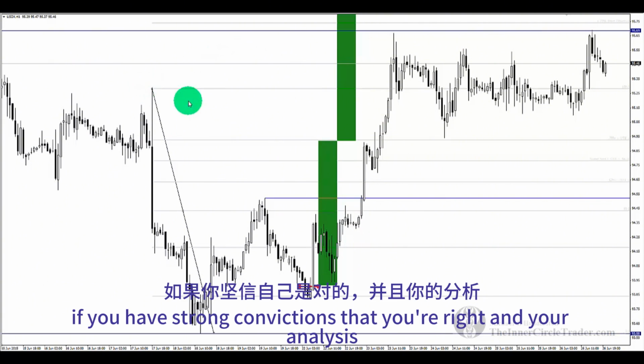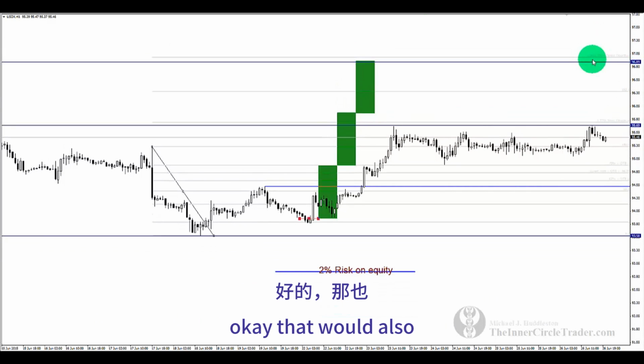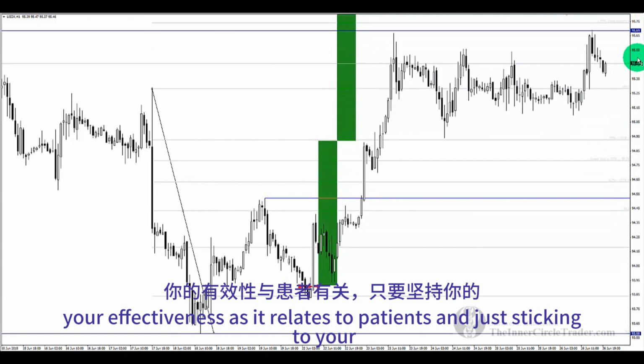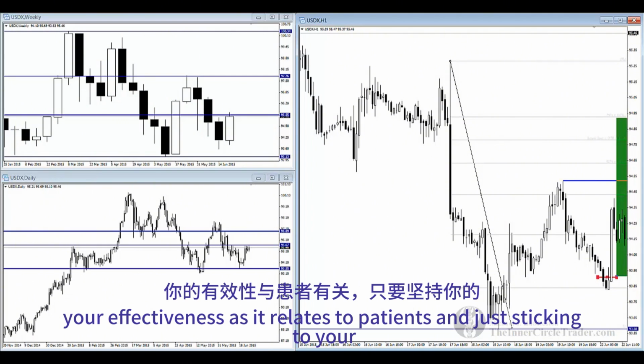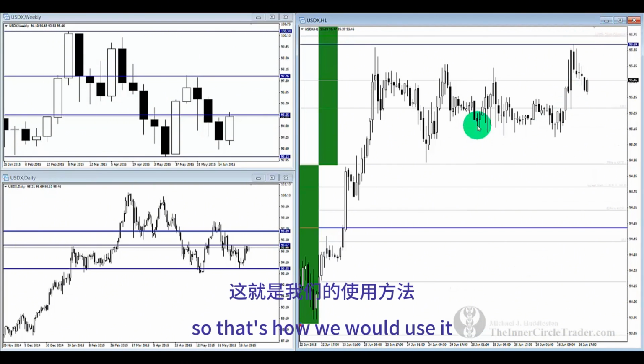If you have strong convictions that you're right in your analysis, you can hold on to these objectives like we're suggesting up here. That would also bolster your effectiveness as it relates to patience and just sticking to your plan. So that's how we would use it.